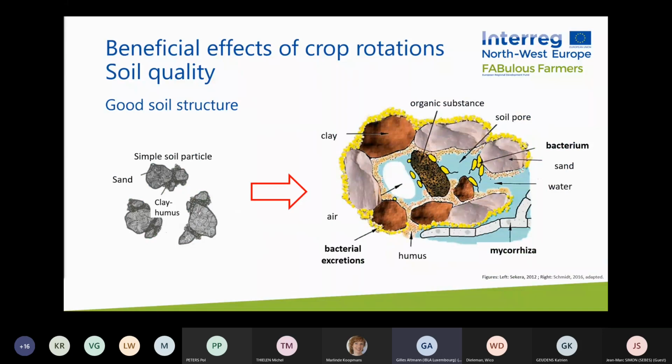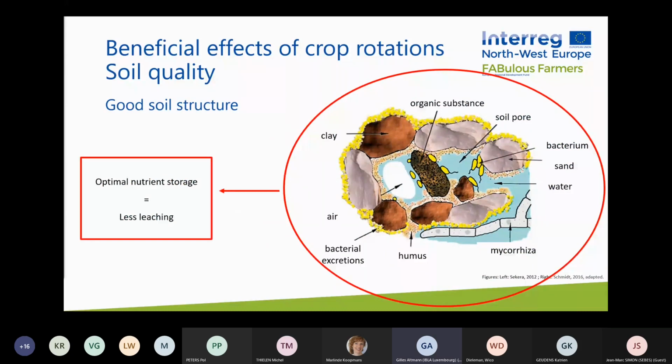And this is shown here in the picture on the right side, where we can see that there are a lot of bacteria and the mycorrhiza, and they form these yellow bacterial excretions here shown, and this, as told, ensures then a stable soil structure.